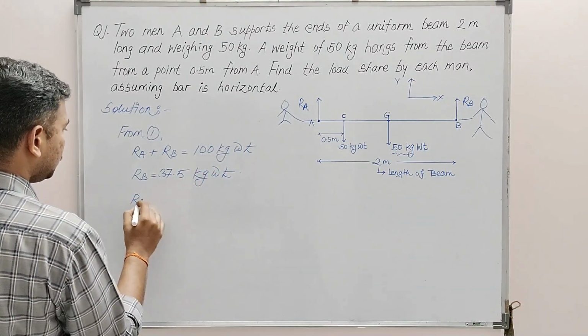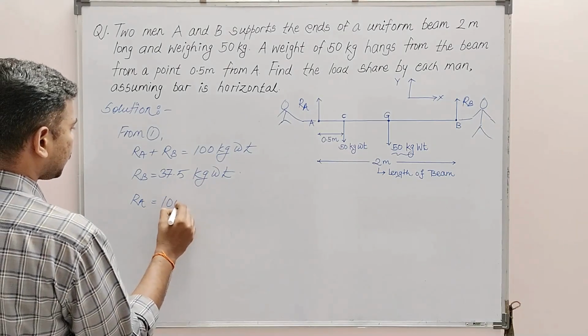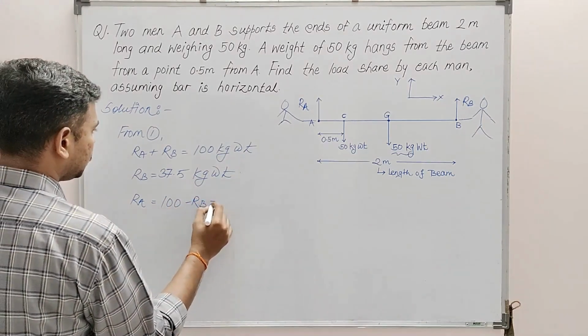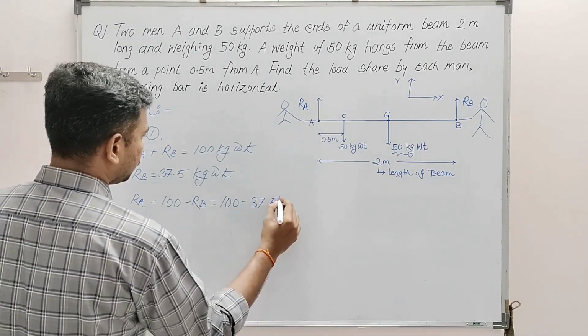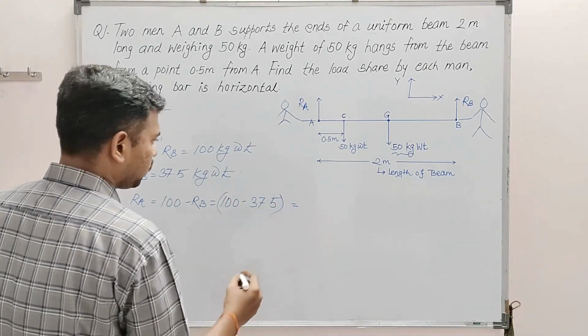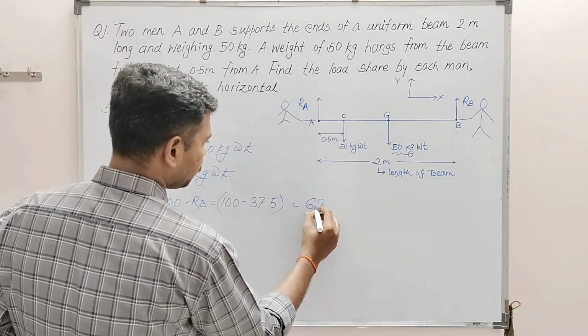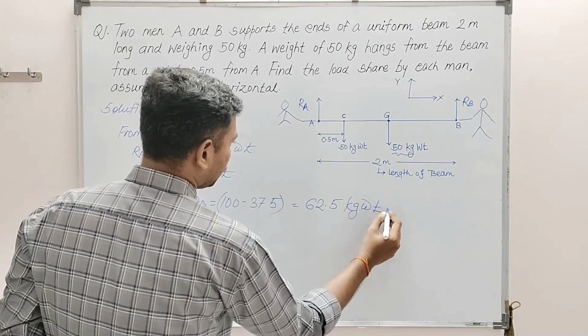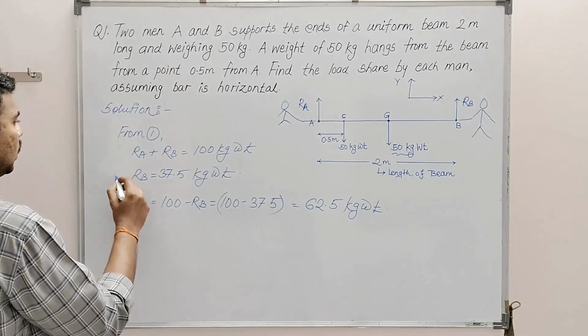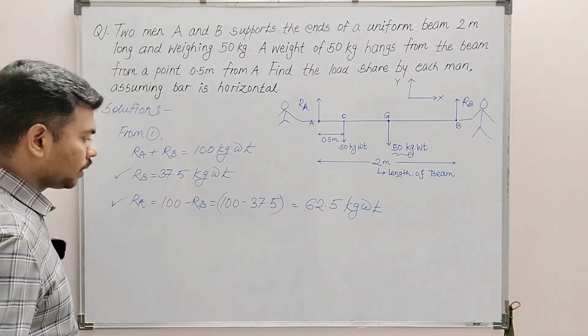Now RA we can easily get, which is 100 minus RB, which is 100 minus 37.5, which is equal to 62.5 kgWt.